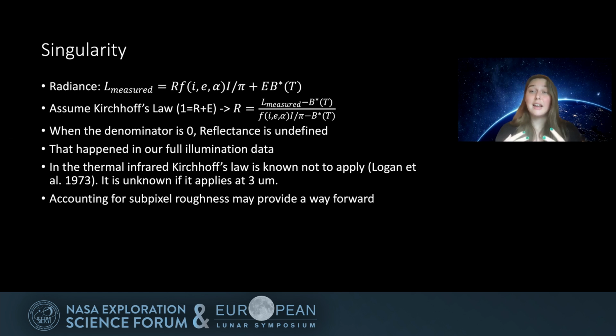The other thing is that every pixel that we look at has subpixel roughness. Each facet has a different singularity wavelength and temperature, etc. So it may be that by accounting for subpixel roughness, even if the singularity is in the way, we might be able to find a solution where we can recover some of the reflectance information.